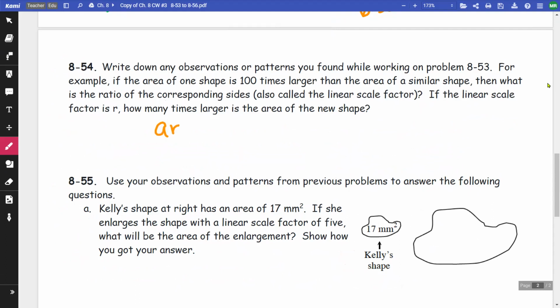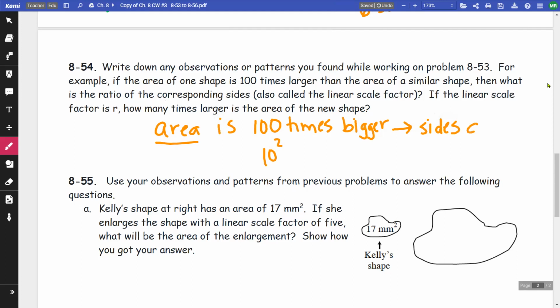So if the area is 100 times bigger, and again, we're talking about area here, not the sides, because 100 is 10 squared, the sides are 10 times bigger.